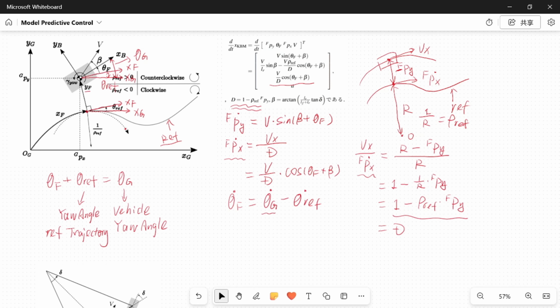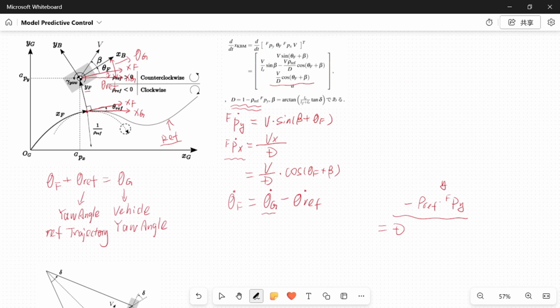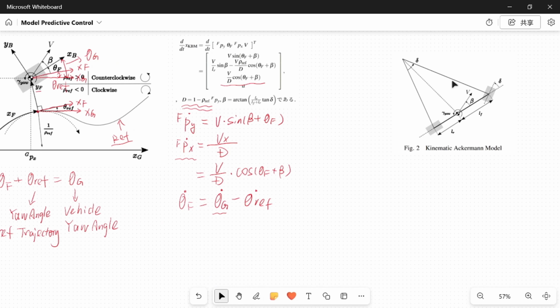And what is theta G dot? This is the yaw rate. Let me clean the screen. I use this diagram.